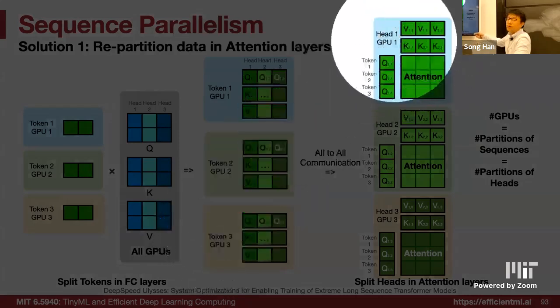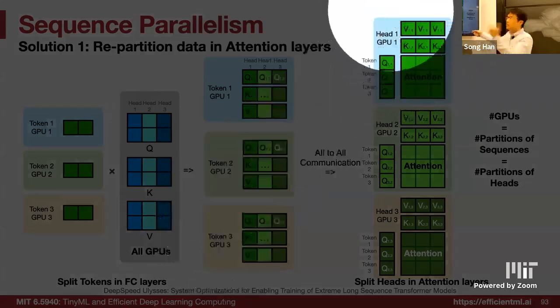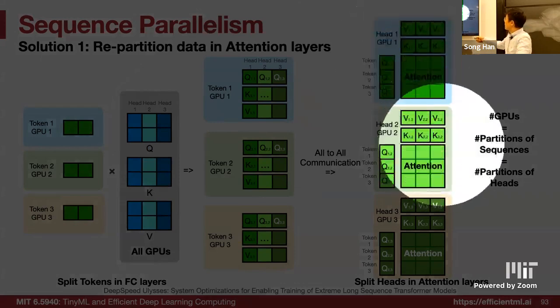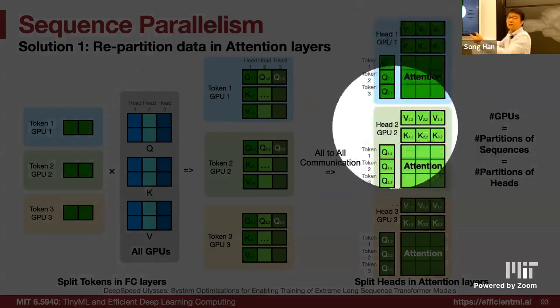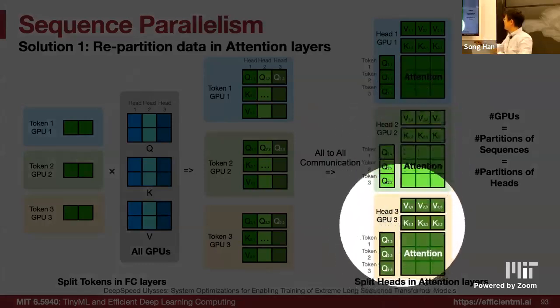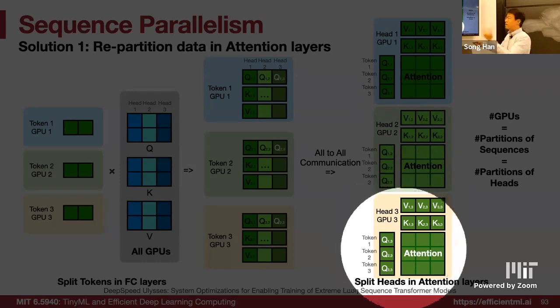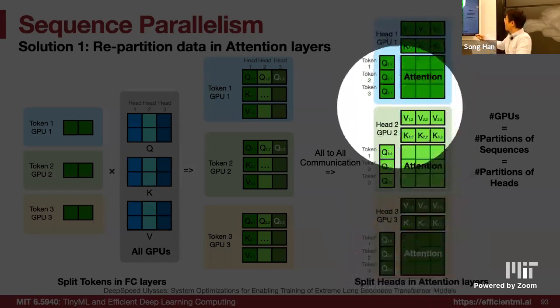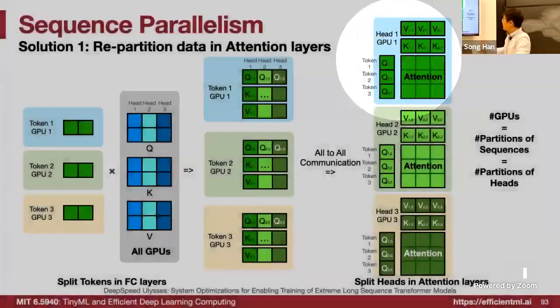Everything related to the first head, the entire sequence, is now in GPU1. Everything related to the second head for the entire sequence is now in GPU2. Everything in the third head for the entire sequence is now in GPU3. So we do the attention computation separately.